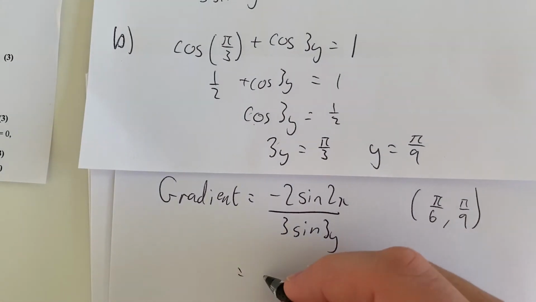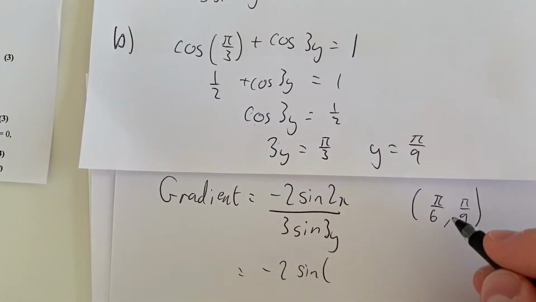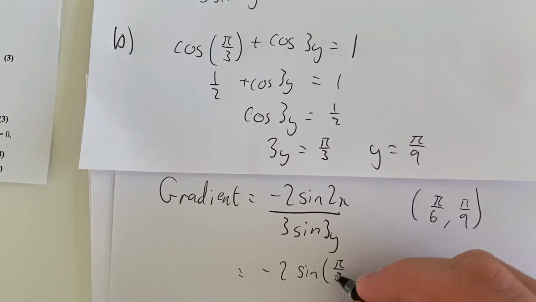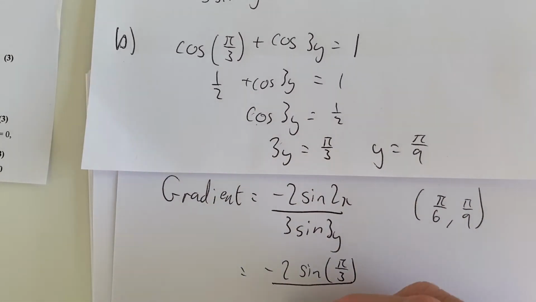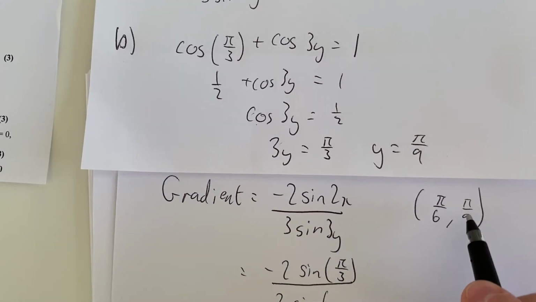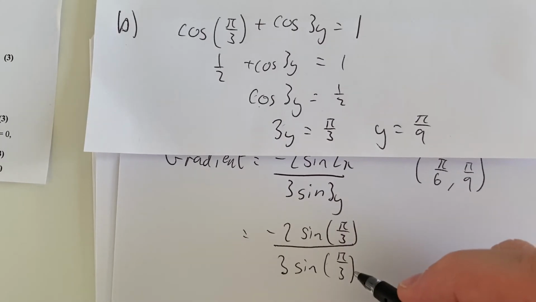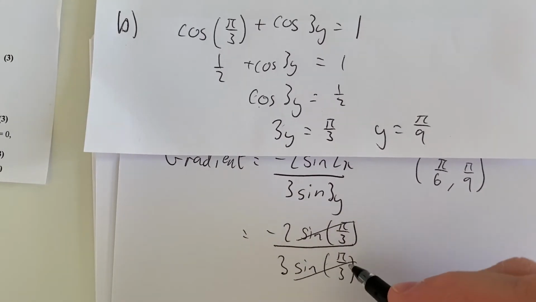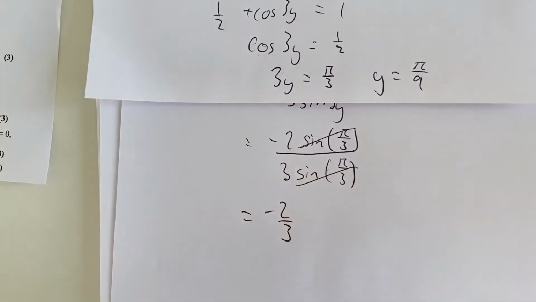So if you put that into here, we have minus 2 sine of 2 lots of pi by 6, which is pi by 3, over 3 sine 3 lots of pi by 9, which is pi by 3. So nicely, they cancel out. So our gradient just becomes minus 2/3.